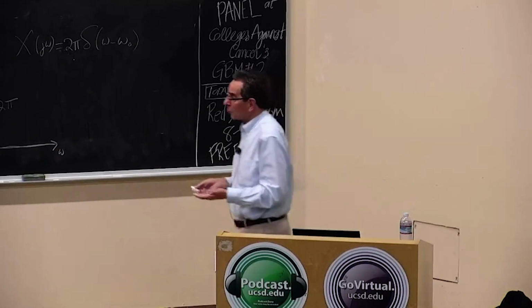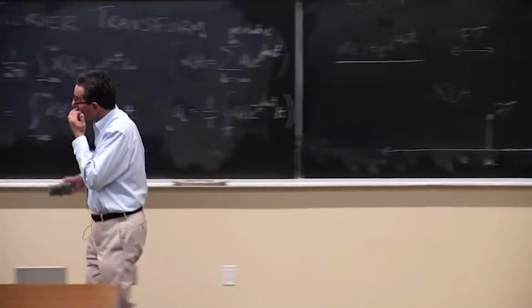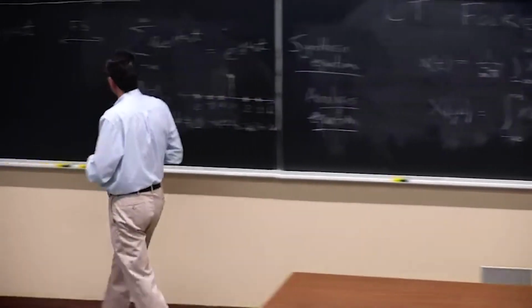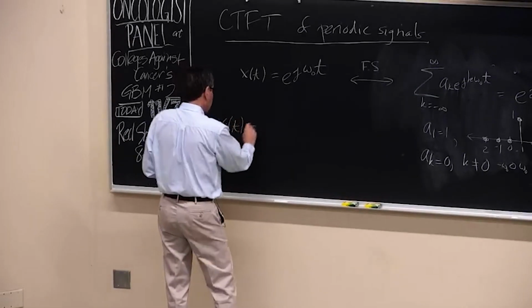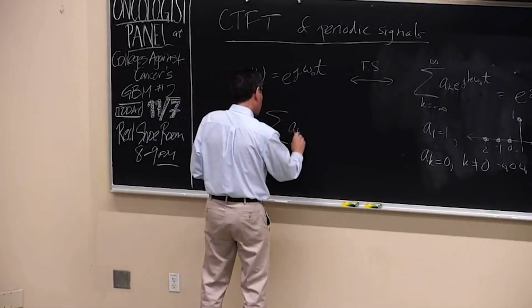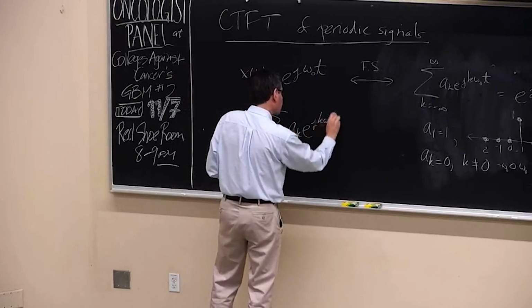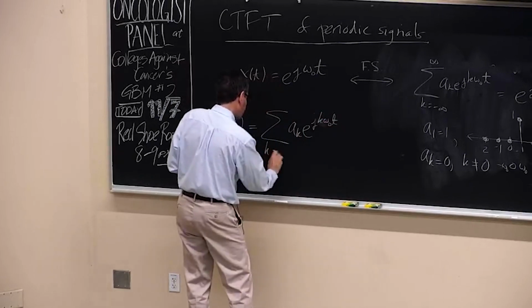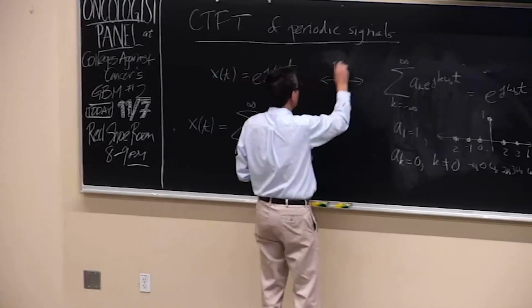And so now what we do is we just generalize that to an arbitrary periodic signal. We take our x of t equal to the sum of a_k e to the jk omega naught t. So now I have my Fourier transform over here.